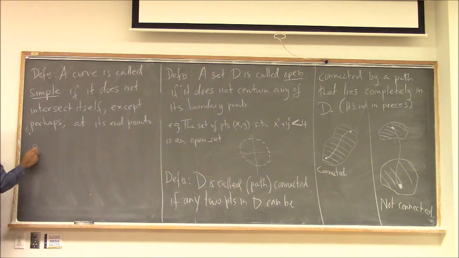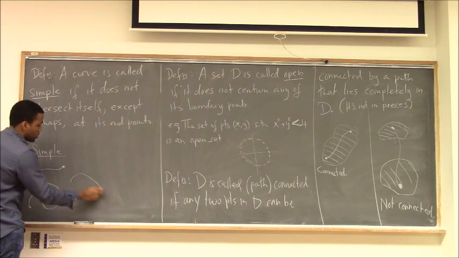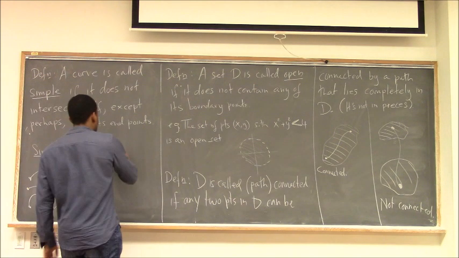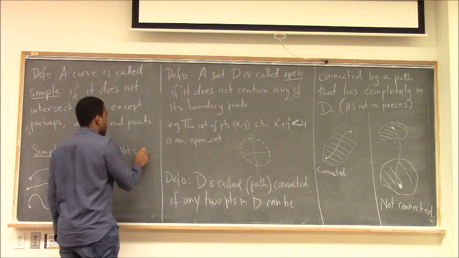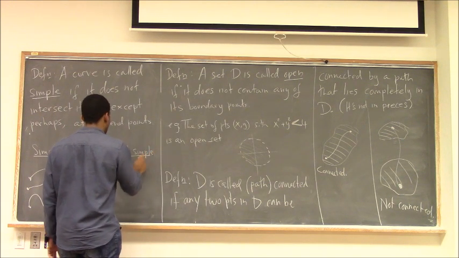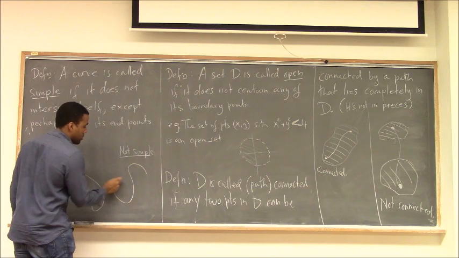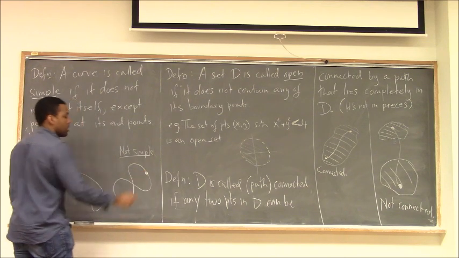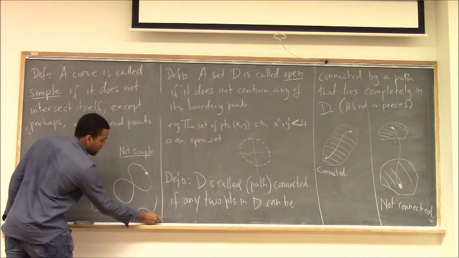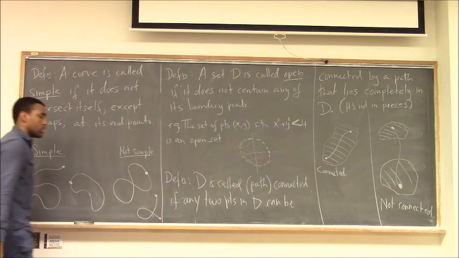Examples of simple curves here: this is a simple curve, this is a simple curve, and a curve that goes around and is closed is a simple curve. We're not simple if the curve crosses itself, and we're not talking about being at its endpoints. So the curve can do this. It's also not a simple curve once it crosses itself.